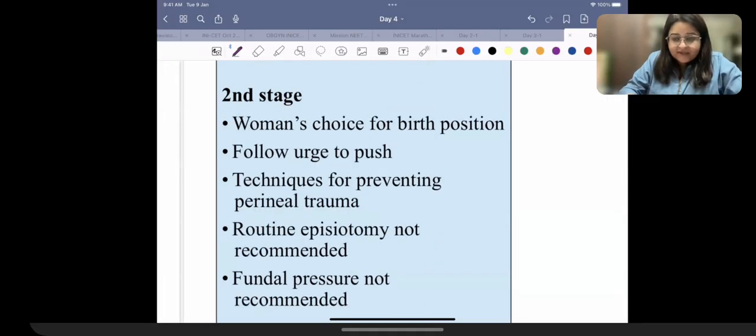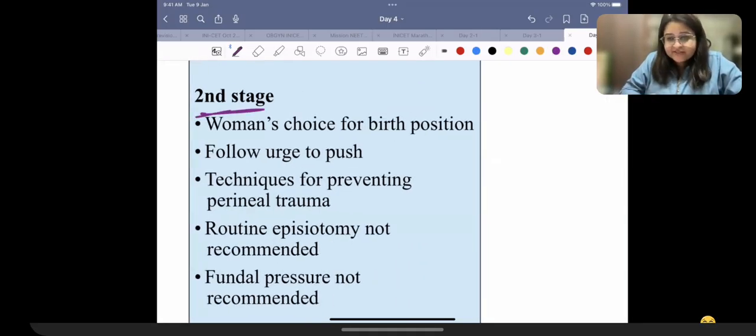ओके. Next is second stage. Second stage, what should you do? What is the choice for birth position? It's not a dorsal position, it is not a lithotomy position. The patient should choose. It's the patient's choice.